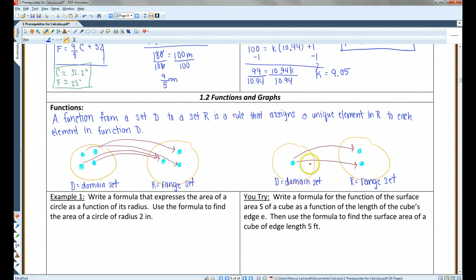However, you cannot have the same element in the domain correspond with two different elements in the range. So, this is a function. This, not a function. Alright?